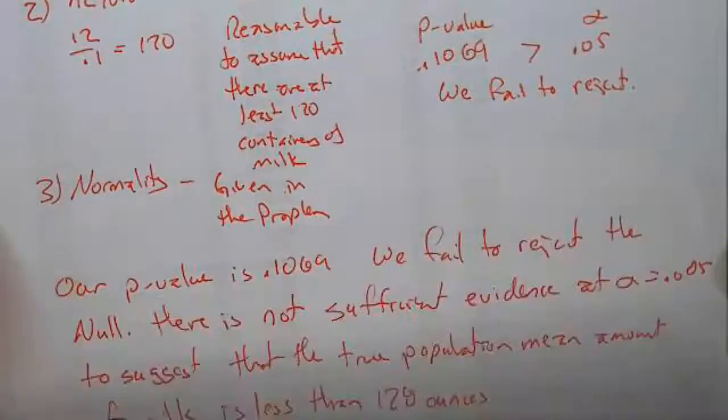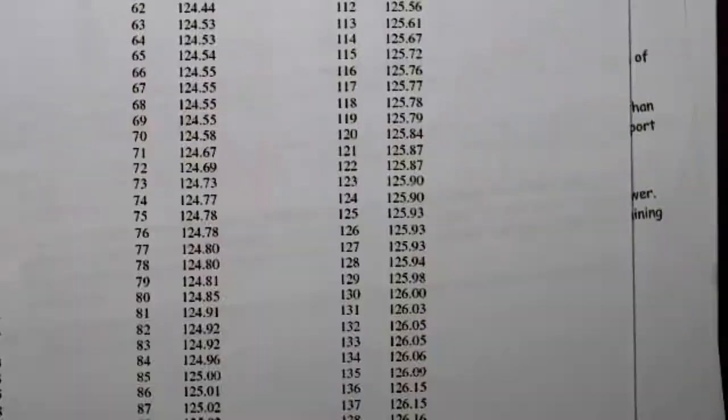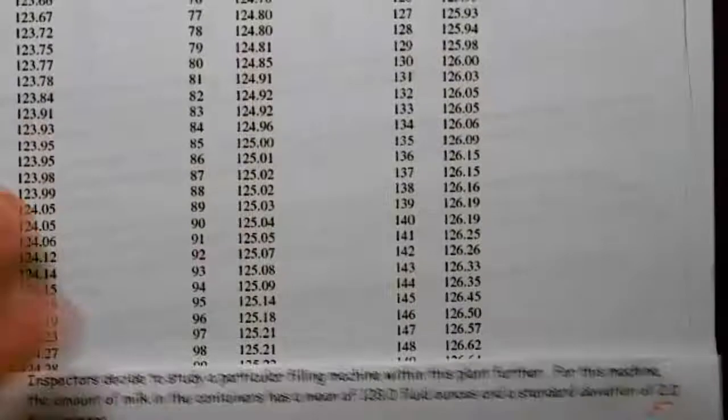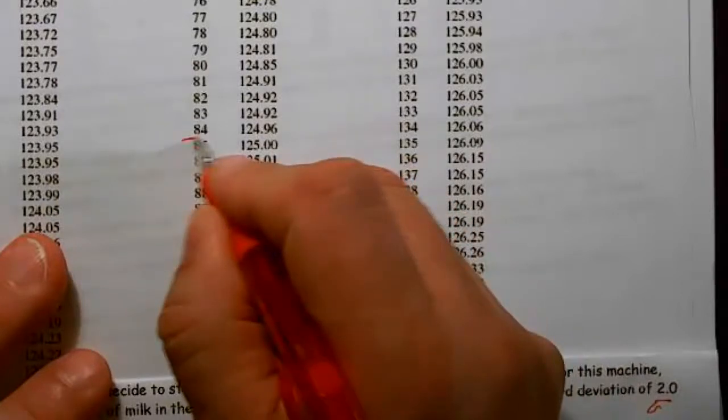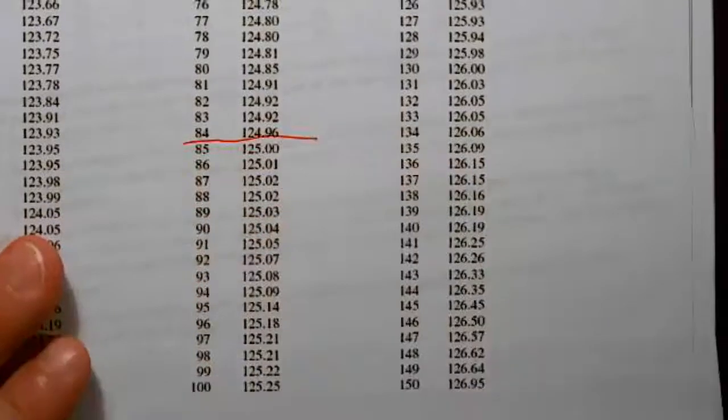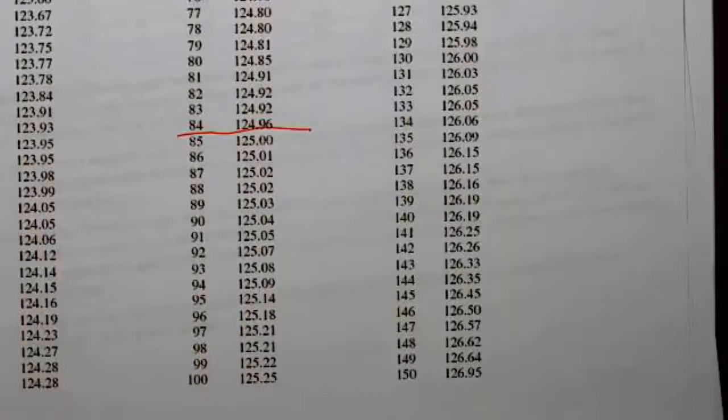So I need to look at this and go, all right, where does 125 fall? So I have 84 values out of the 150 that are not producing the right amount of milk.